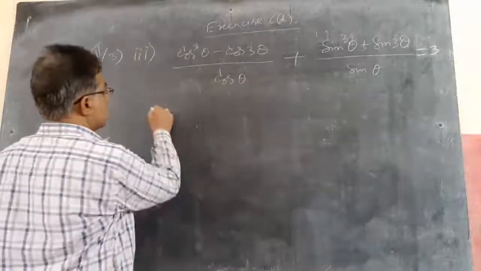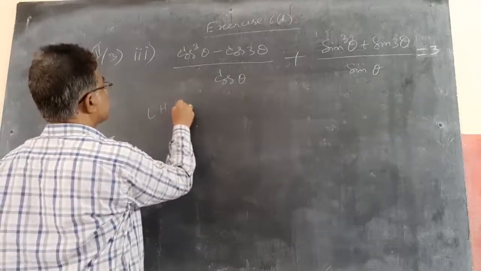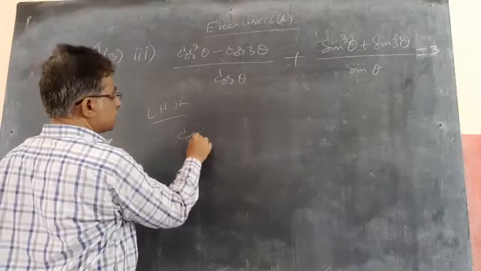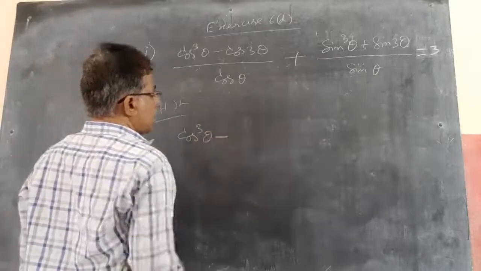So I am taking the LHS as usual: (cos³θ − cos 3θ) by cosθ.